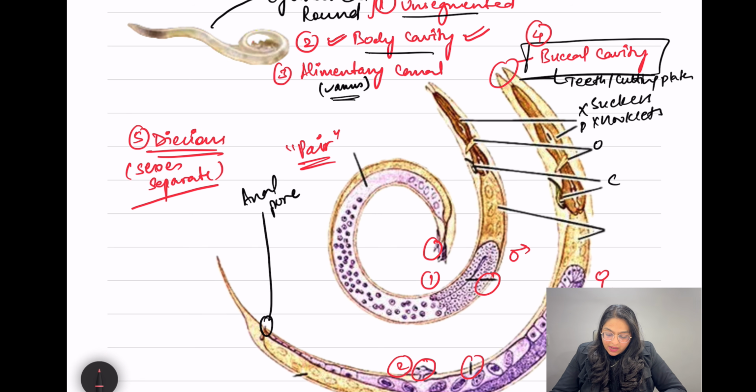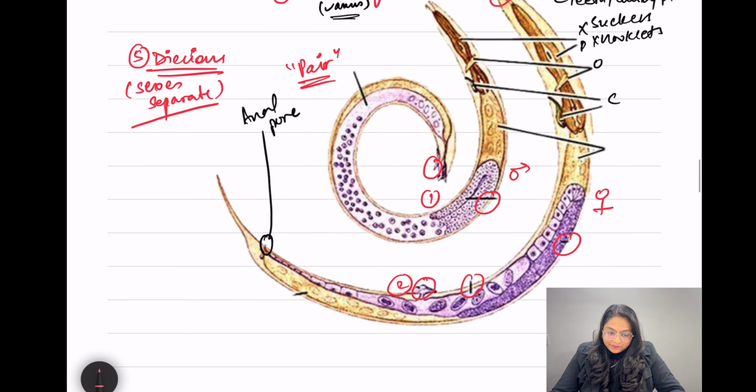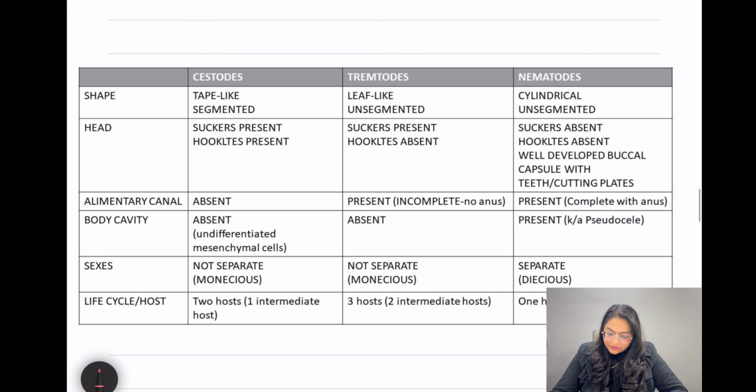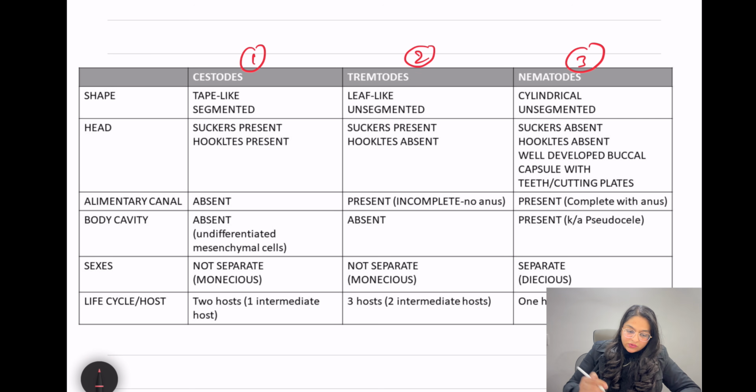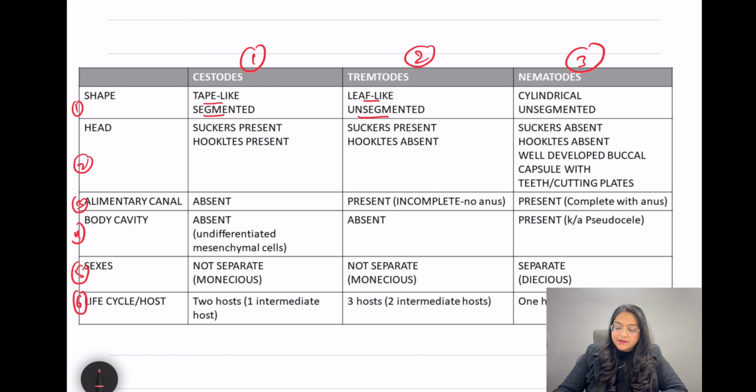Okay. So let's see this table. I just want you to number this table. 1, 2, 3. Cestodes, trematodes, nematodes. How many differences? 1, 2, 3, 4, 5 and 6. 6 differences. Shape we have seen: tape-like segmented, leaf-like unsegmented, elongated, cylindrical.